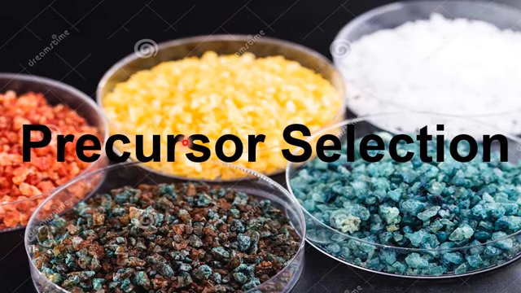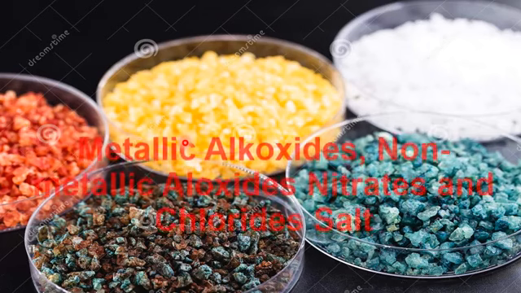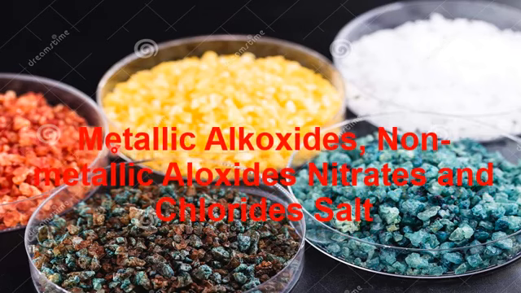Please note that the precursors used in a sol-gel process are usually metallic alkoxides, or they may be non-metallic nitrates and chloride salts. Okay, so these are the commonly used types of precursor materials in a sol-gel process.